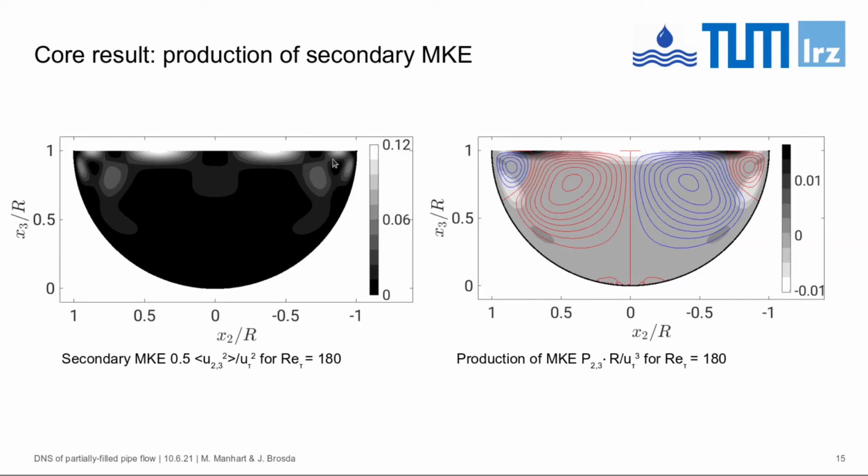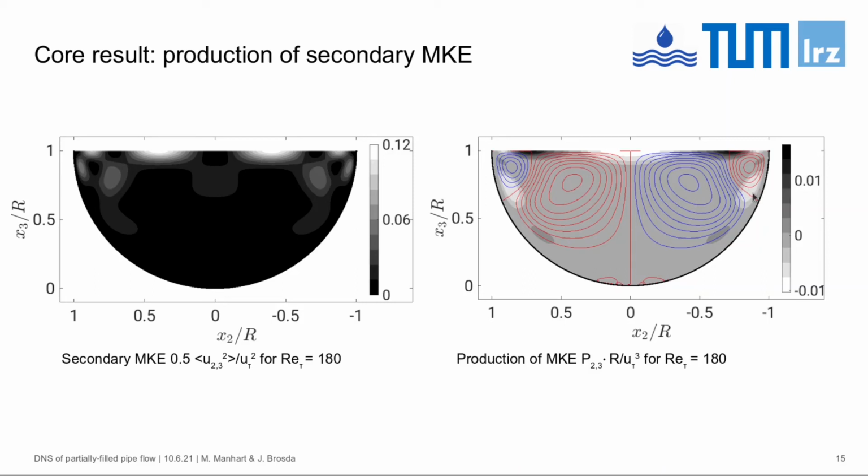What we also computed is the production term of the mean kinetic energy. This is the term which feeds the mean secondary flow with kinetic energy from the turbulent motion. And this term mainly acts at the free surface, which can be seen here, plus there's a small region here underneath the inner vortex where flow is uplifted from the wall in the time average.